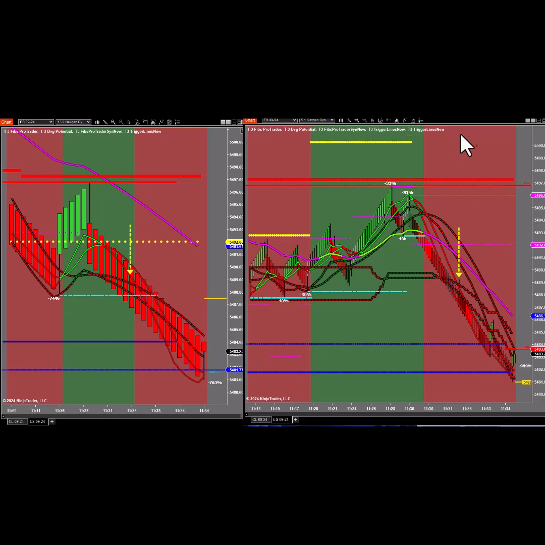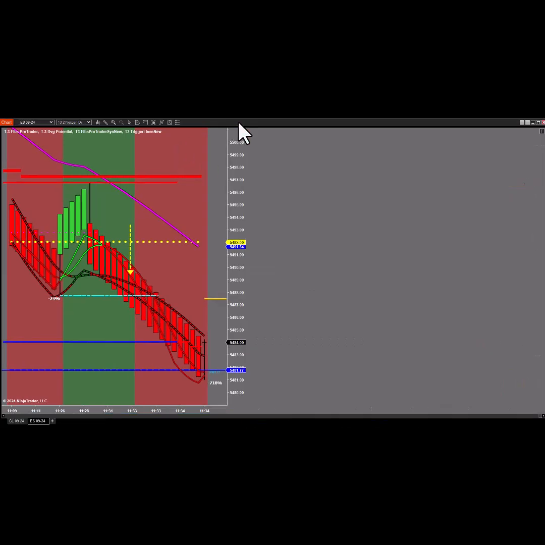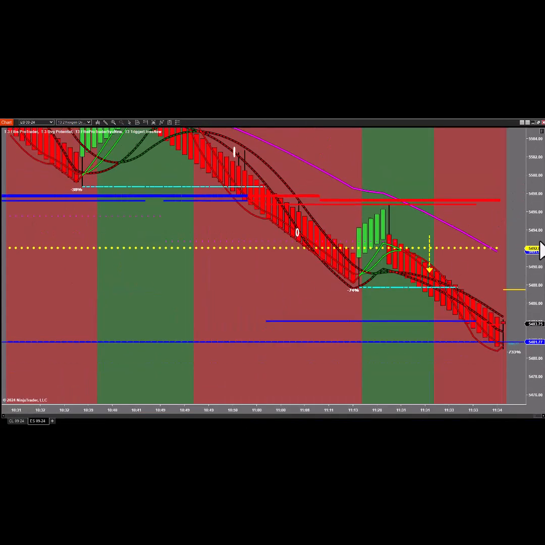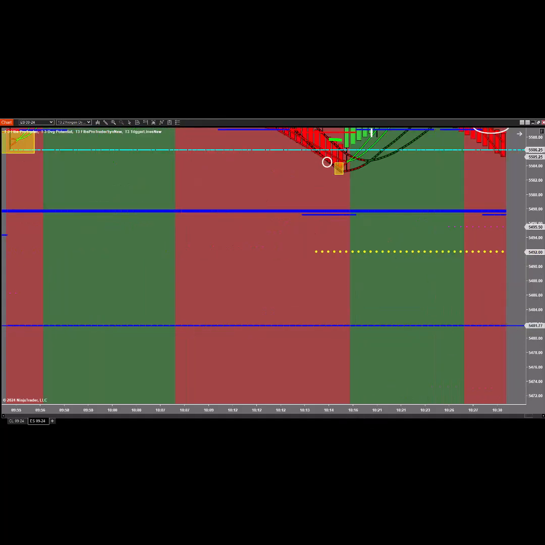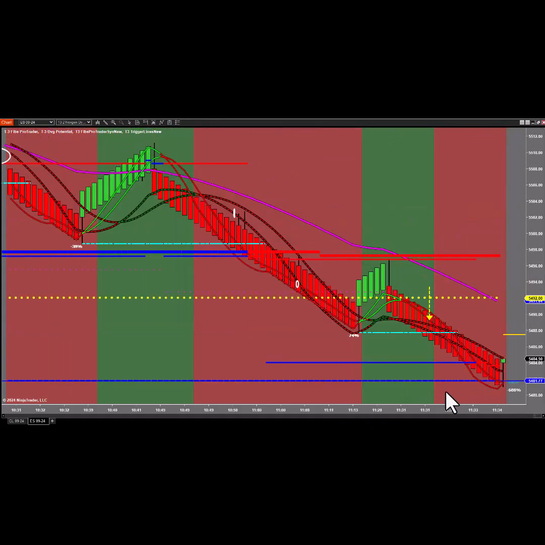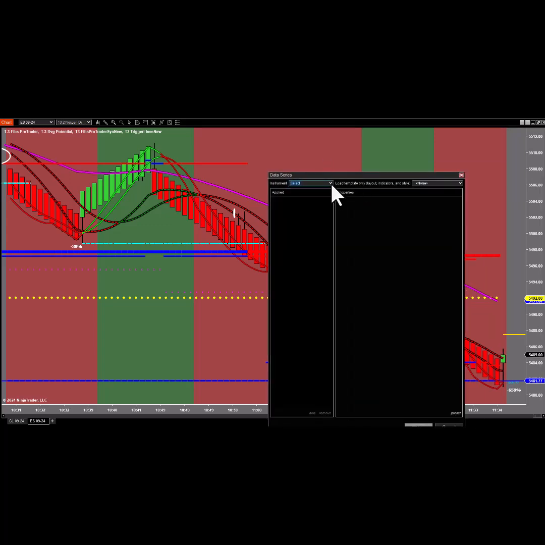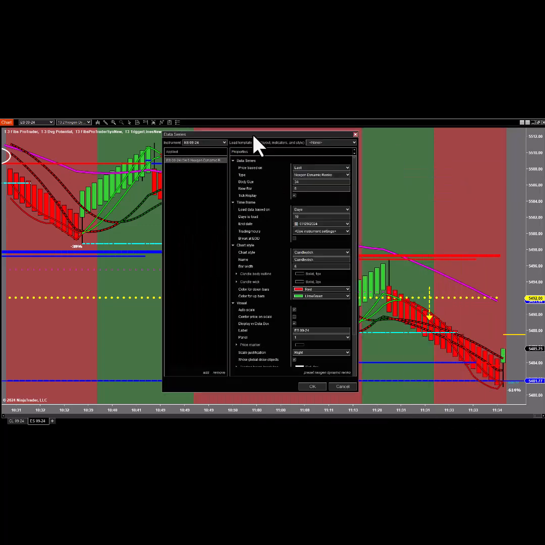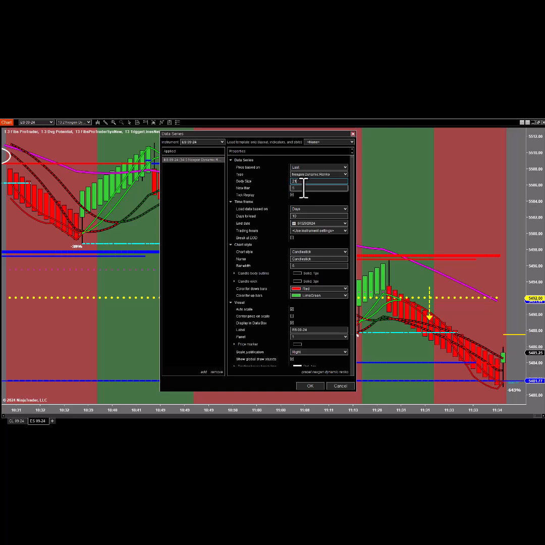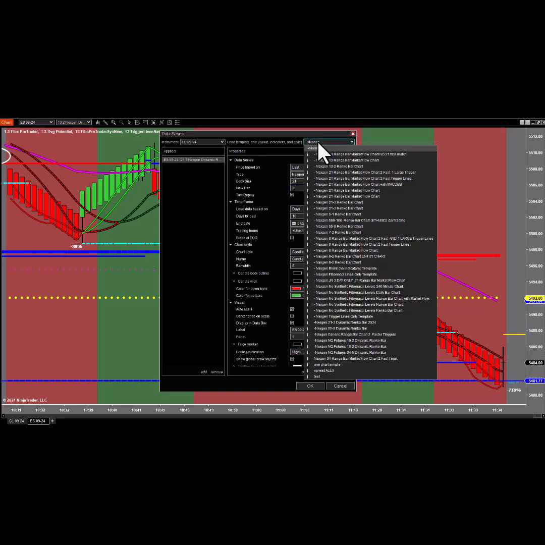Explanation time. So, bear with me here. Let's see. I have a template. Fibonacci lines only.